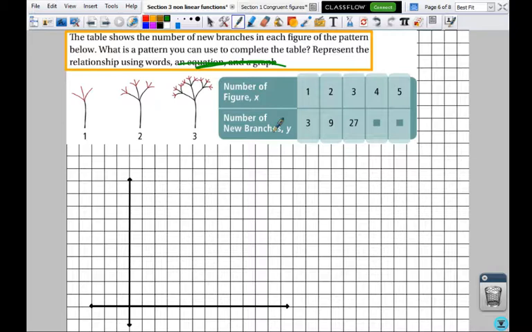So let's find the times. What's 3 times 3? What's 1 times 1? What is 27 times 30?